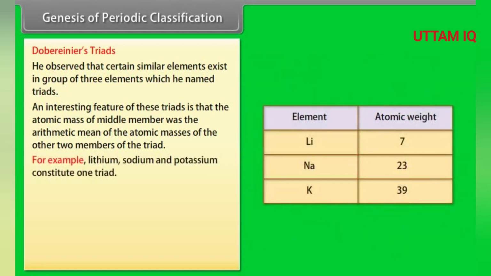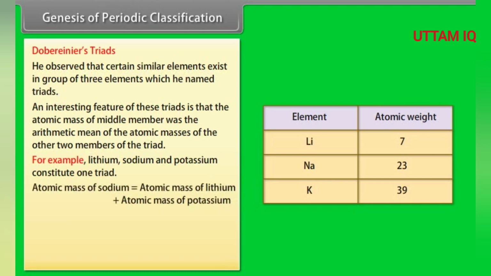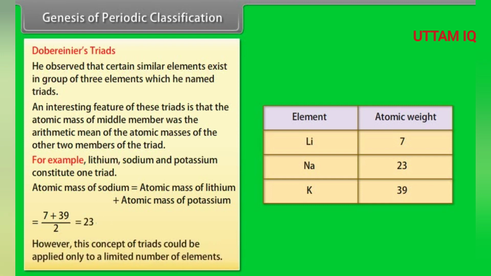For example, lithium, sodium and potassium constitute one triad. Atomic mass of sodium is equal to atomic mass of lithium plus atomic mass of potassium divided by 2, which is 7 plus 39 by 2, equal to 23. However, this concept of triads could be applied only to a limited number of elements.